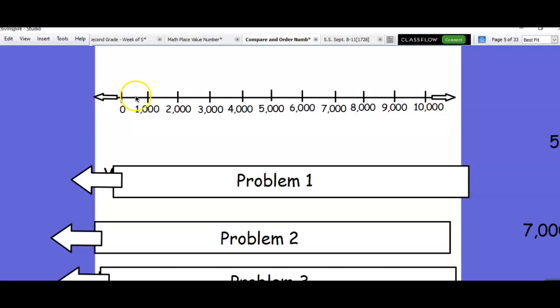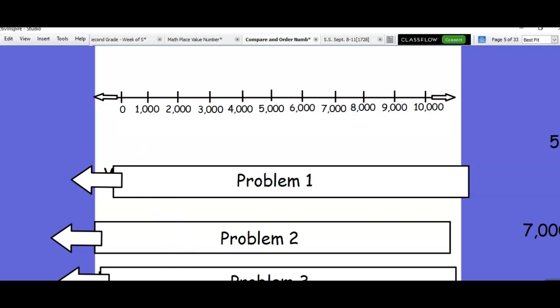If you go halfway, that would be 500. Closer to 0, you go 500, 400, 300, 200, 100, 0. From the middle, it would be 500, 600, 700, 800, 900, 1,000. Just to remind you about how a number line works.